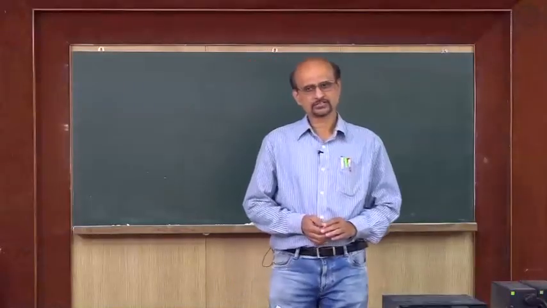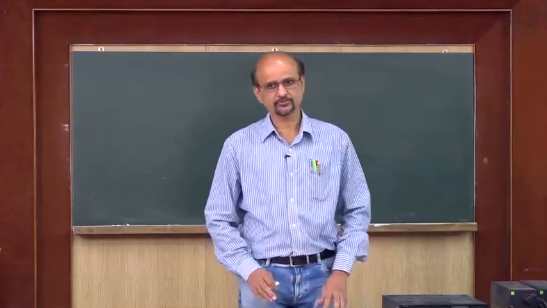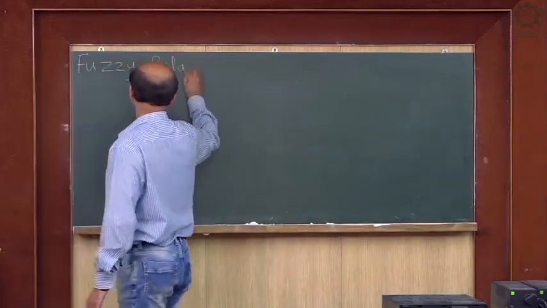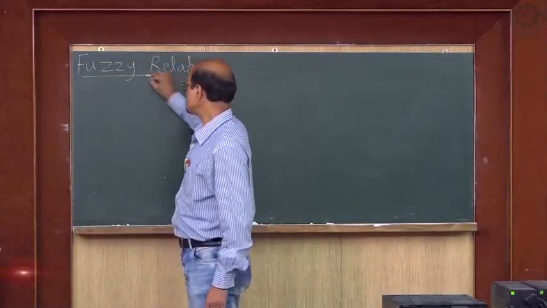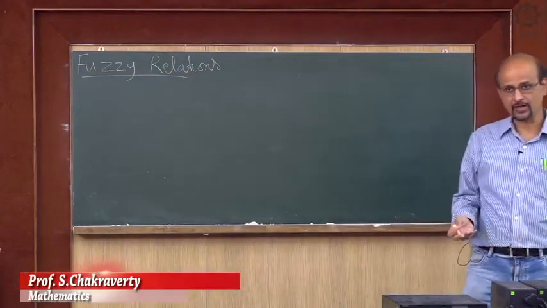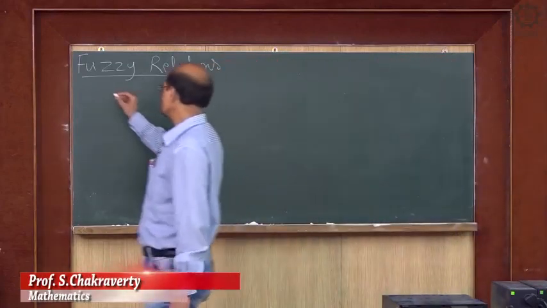So, in the last class we were discussing fuzzy relations. We defined this fuzzy relation from a product space, suppose X to Y, like this.